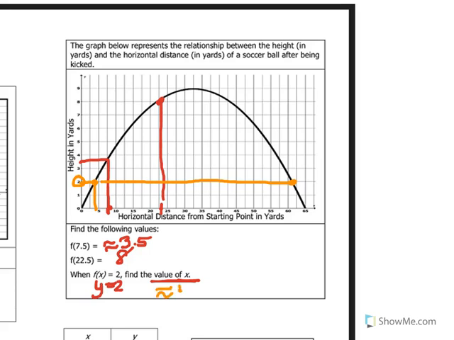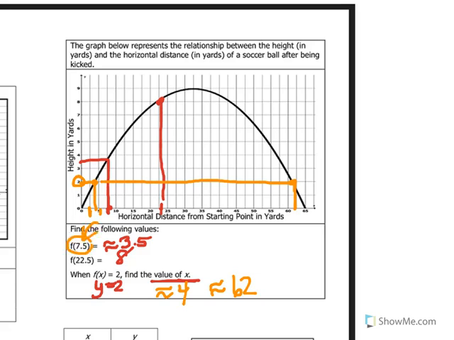I'm going to say it's about 4, because this is 2.5, this is 5, it's somewhere in between. And then over on this side, it's less than 62.5, so let's call it approximately 62. How does that sound? Okay, so far so good.